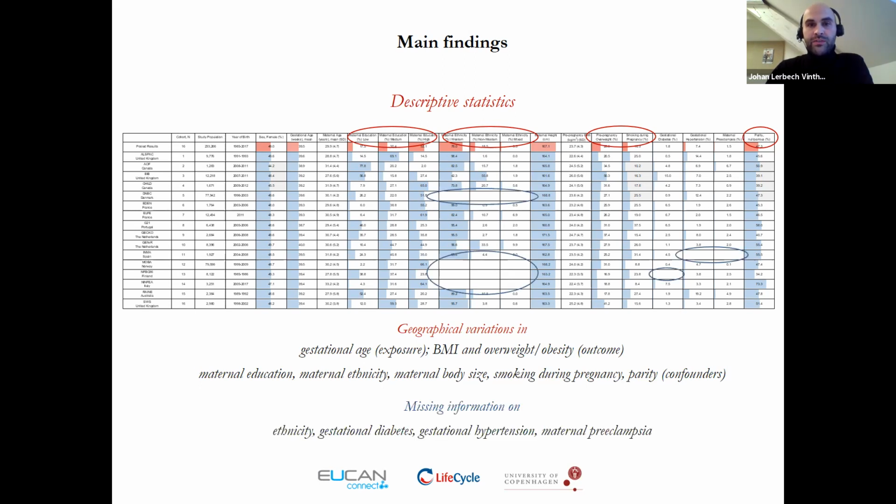Then, as you see, the blue spots here are missing. That means that a few of the cohorts do not have information about ethnicity, or gestational diabetes, or hypertension, or preeclampsia. So we have adjusted differently in the statistical models, leaving out this information in a few of the cohorts.